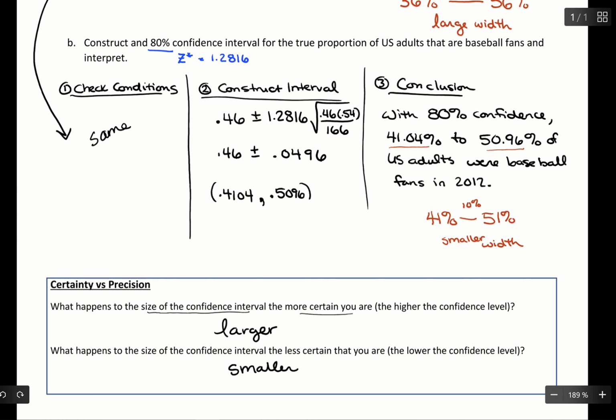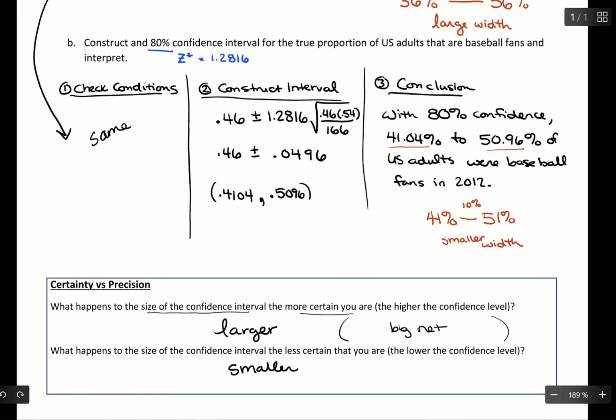And a good metaphor for this is fishing. If you're going on a fishing trip and you want to say, I'm 99% sure I'm catching a fish today, if you had choices of different types of nets you could use for fishing, if you want to be 99% sure of catching a fish, you'd probably want to get a huge net. You'd want this big net in order to be sure that you catch a fish.